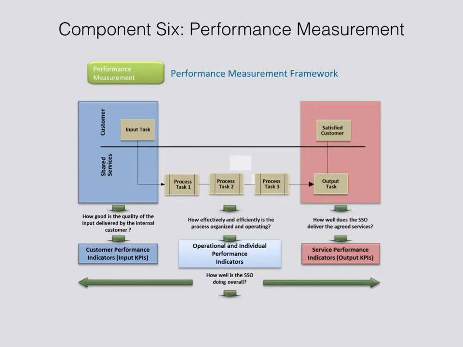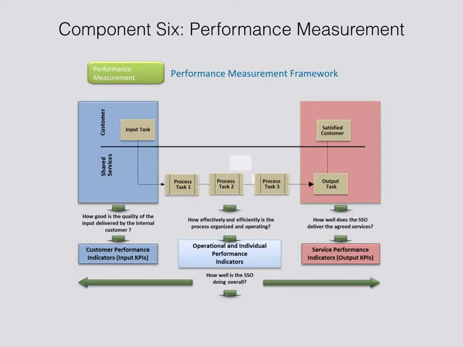To track performance, it is important to measure agreed input and output key performance indicators, or KPIs, as well as the more standard operational KPIs. This figure highlights the three major types of KPIs: input, operational, and output.